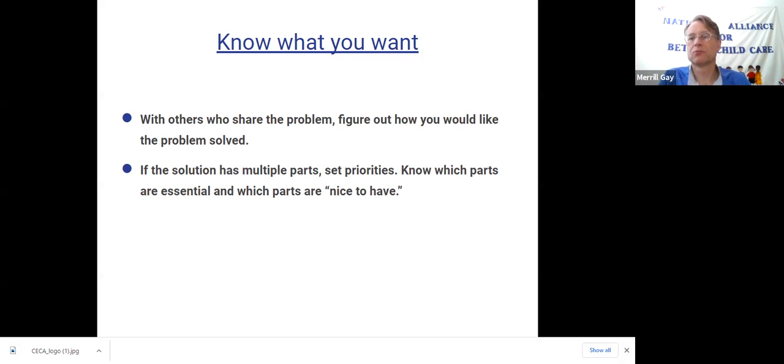What are the things that you'd really like to have? What's the nice to have? If this is a problem that costs money and there isn't enough money to do everything you want, what's the stuff you need to have to make it not as bad?